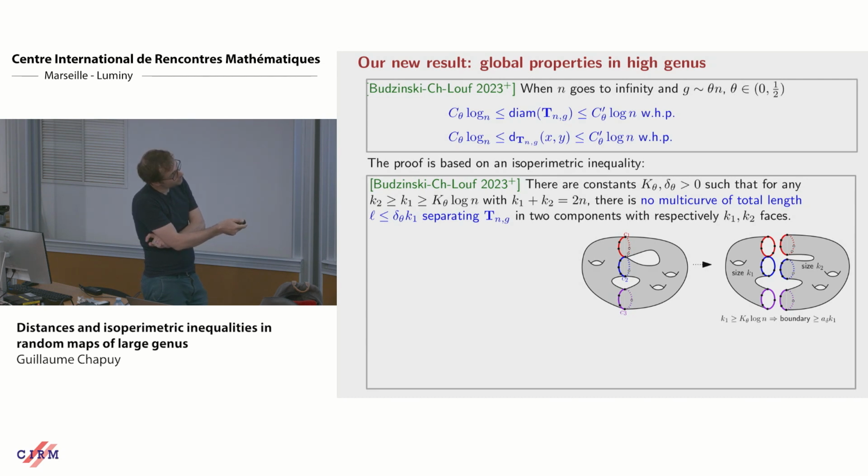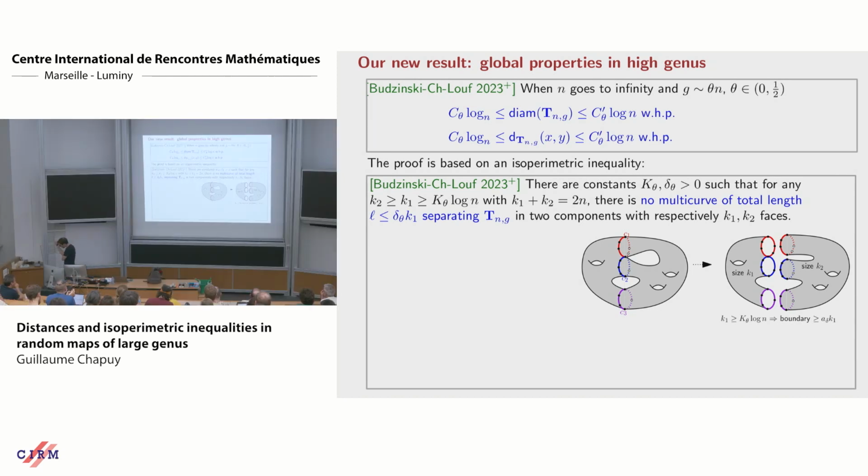The length that you have to cut needs to be proportional to k1. Okay? So it's not possible to separate a decently big piece of your graph without cutting a number of edges which is comparable to the size of this piece. This is really an isoperimetric inequality. Okay? Makes sense?